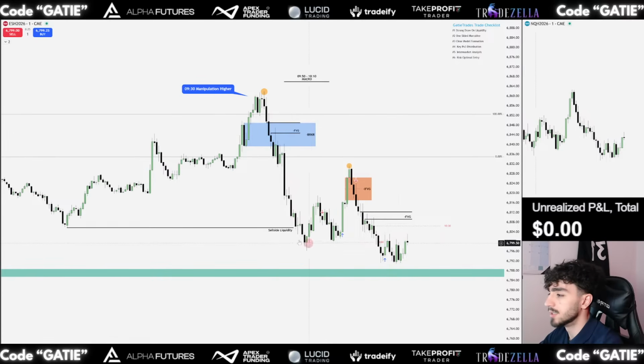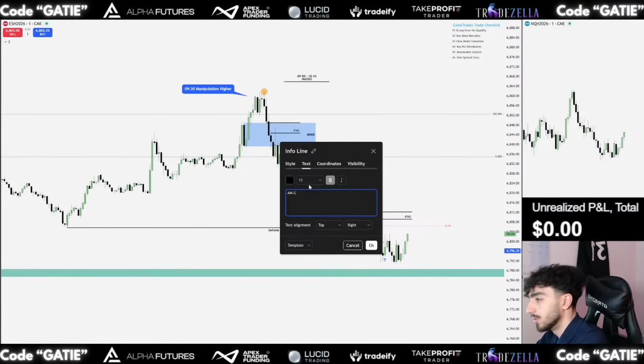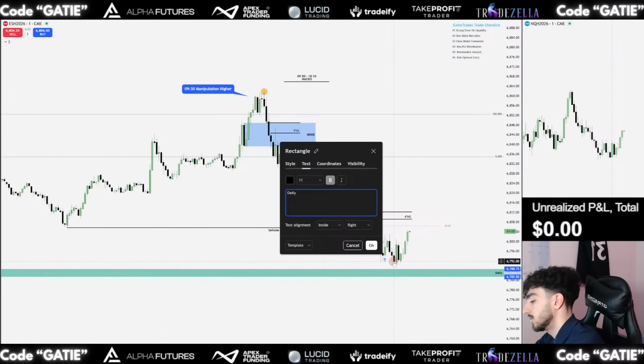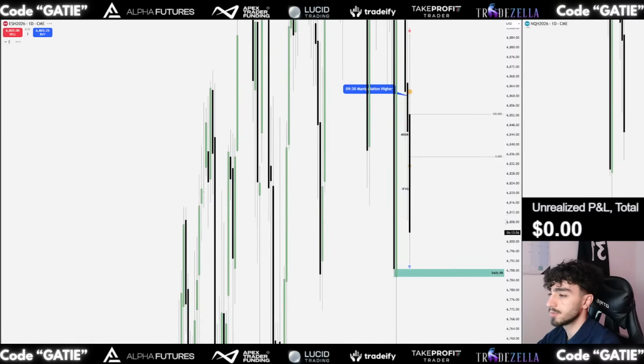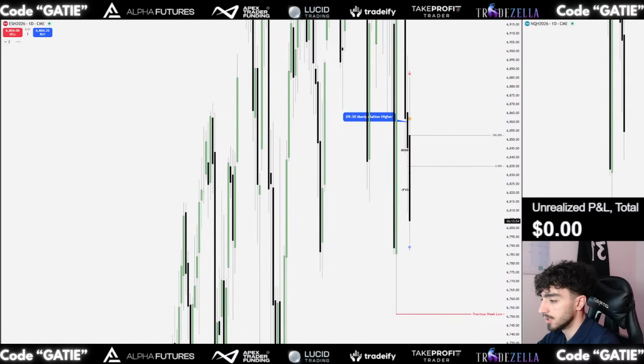Lucid. I think Lucid has the best discounts. Sell side liquidity, and then obviously we have AM low right here, AM low, and I'm looking at this as daily RB. Yeah, let's call it risk. I mean, if I want to be diligent here.